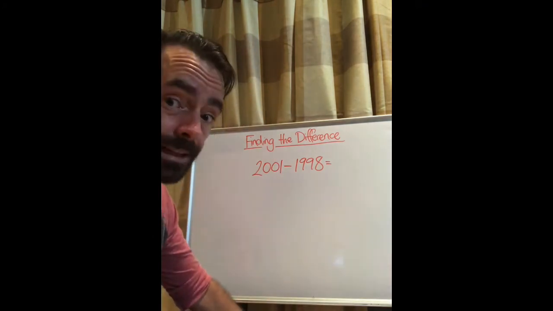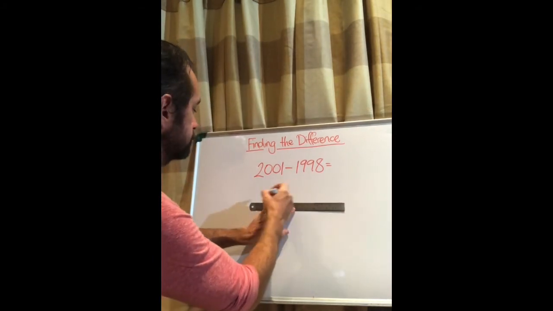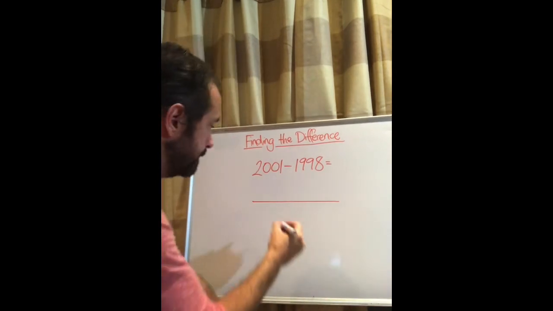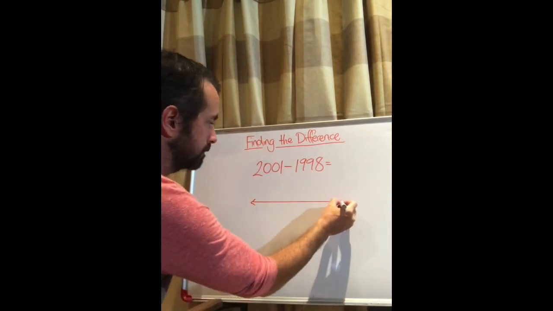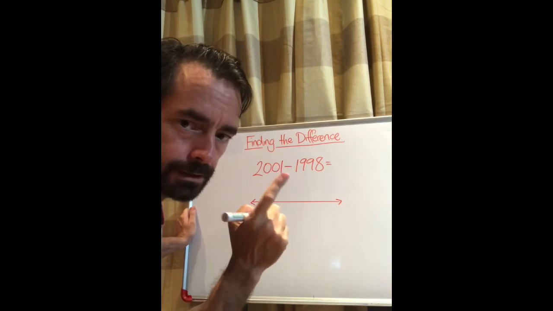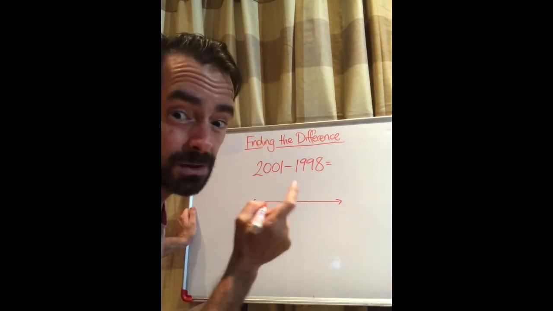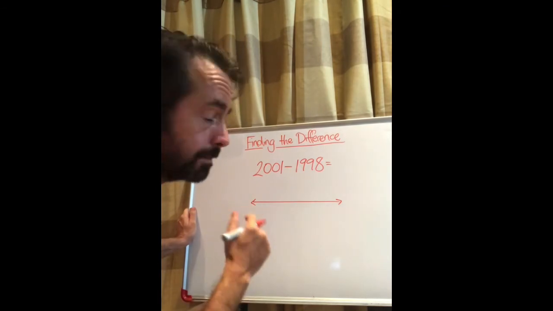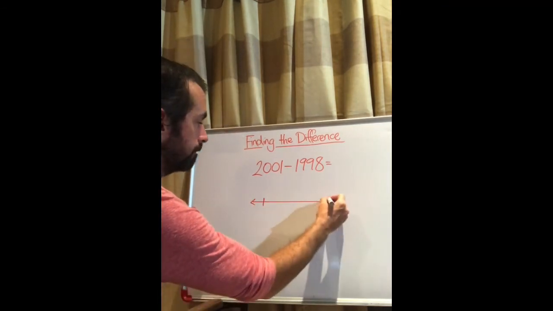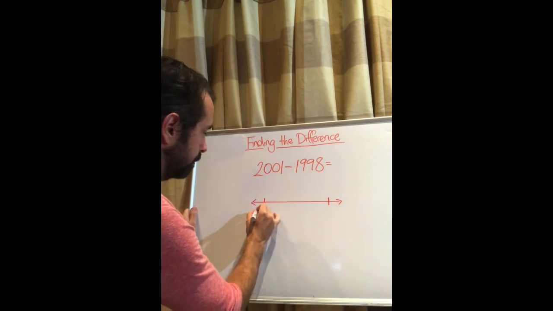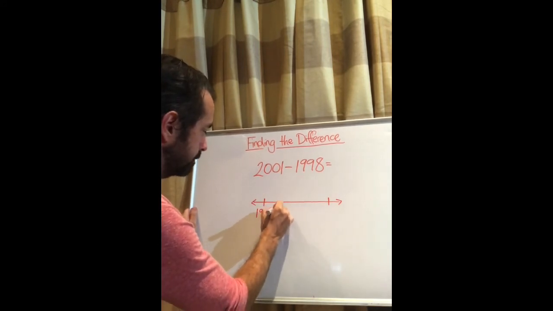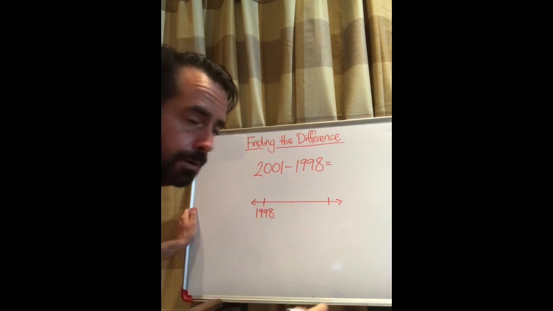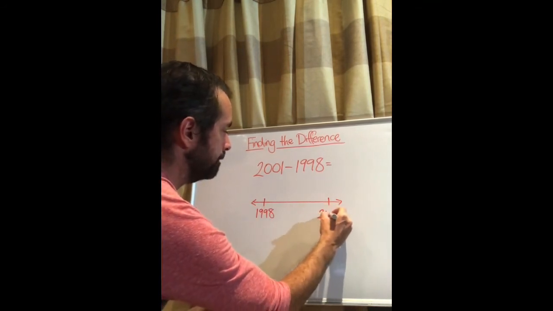Well, let's see. Draw my trusty number line. Finding the difference is always about finding the difference between two things, two values, two numbers. So I've got to put both of them on my number line. Put the small number down here, 1,998.